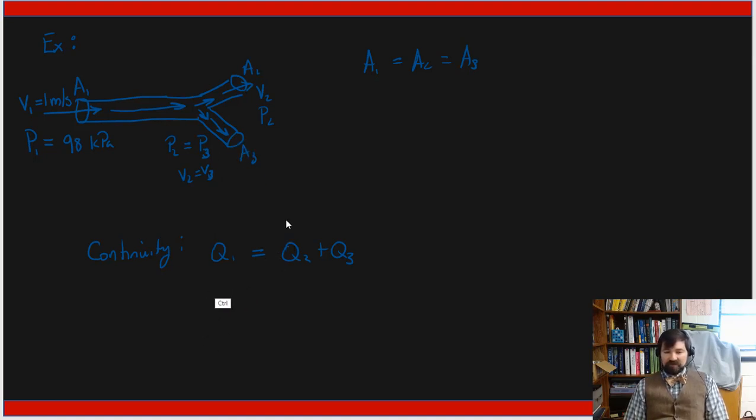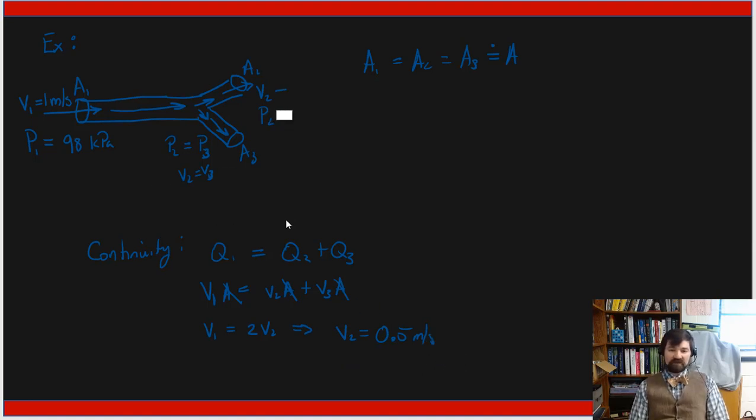All right, but this basically means V1, let's call all these areas just A since they're all equal. That means that V1 times A is equal to V2 times A plus V3 times A. But remember that V2 and V3 are equal, and we have A's in all of them, so all the A's could cancel. What we end up with is V1 is equal to 2V2, and therefore V2 is 0.5 meters per second.